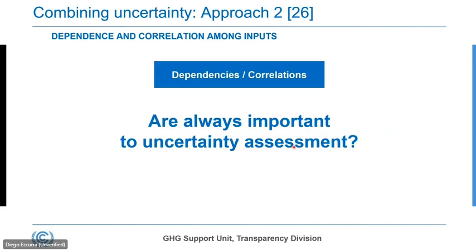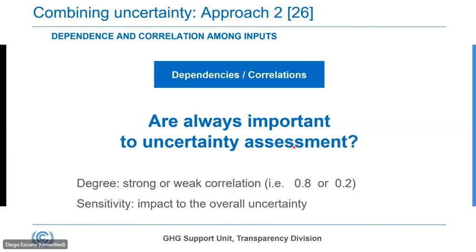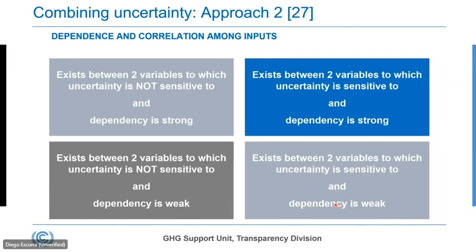But do we always need to care about correlation? Well, that's not always important. And we will see two parameters to understand if we have to worry about correlation or not. The first one is the correlation degree, and the other one is the impact to the overall uncertainty.